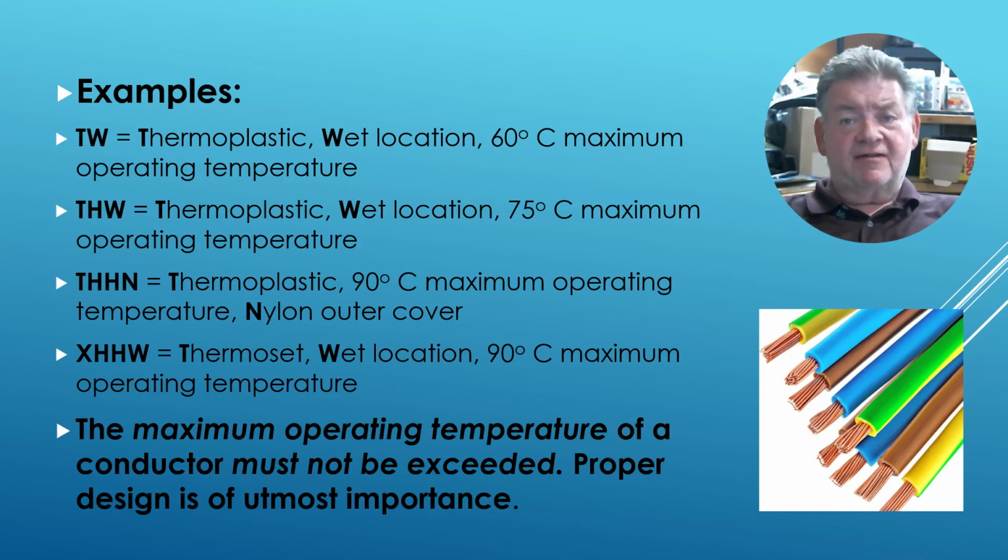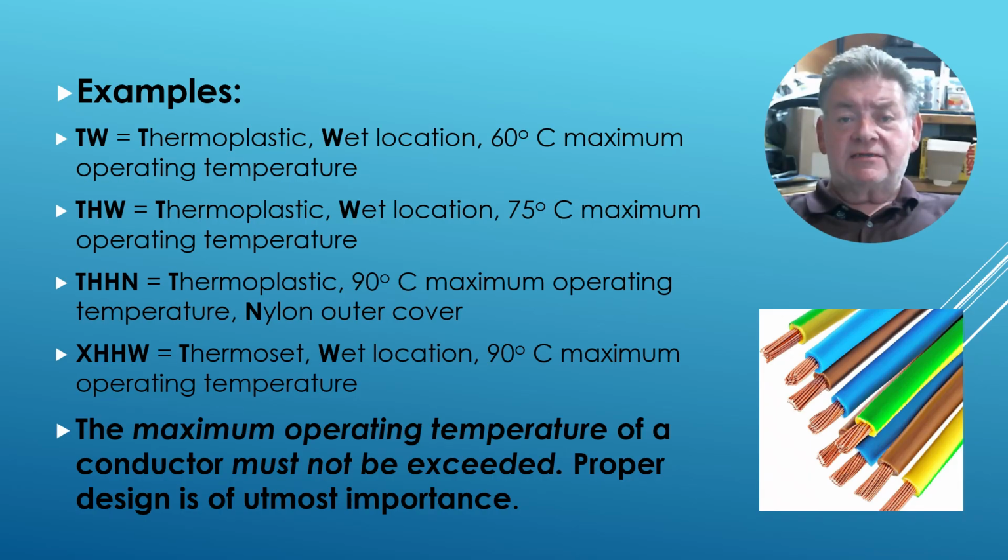Now, the code tells us that anytime we install our conductors in the ground, whether they're direct buried or installed in a raceway, any installation in the ground is considered to be a wet location. Therefore, the insulation on the wires that you install must have a W in the insulation designate.